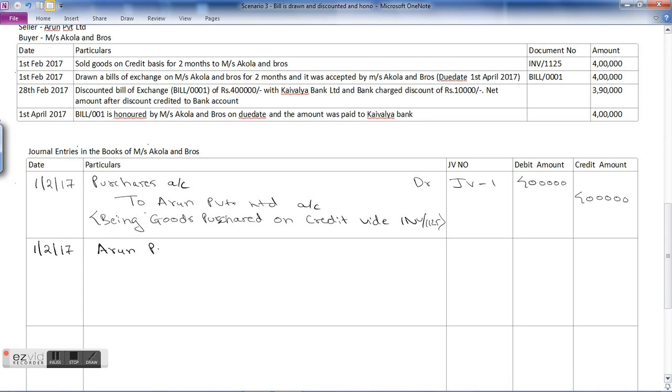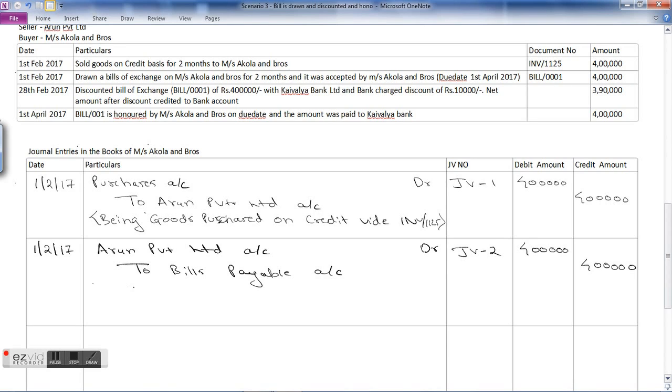Arun Private Limited account debit to bills payable account. Let's put it as JV2, and the amount is 4 lakh.